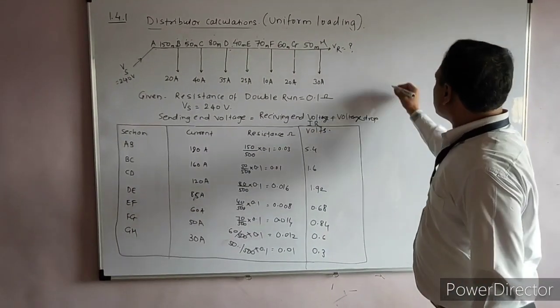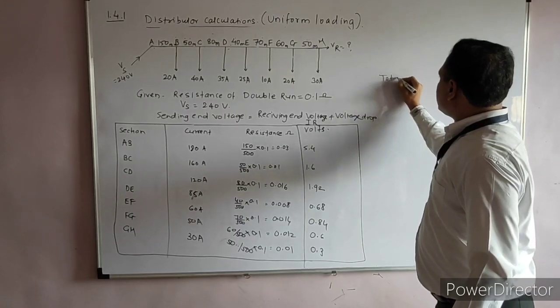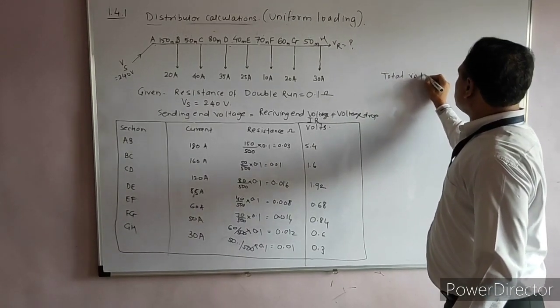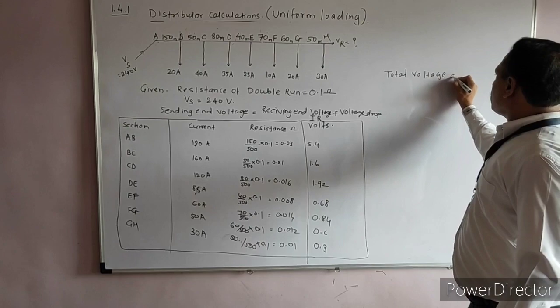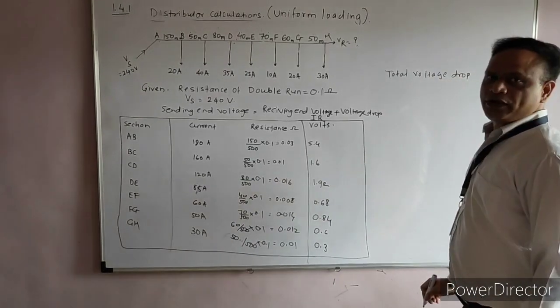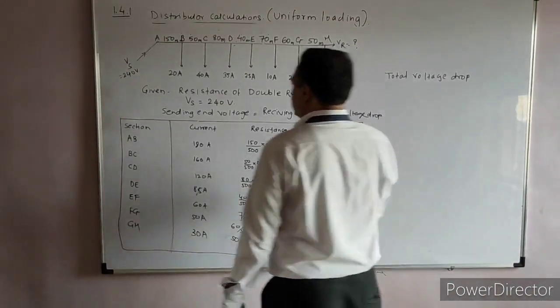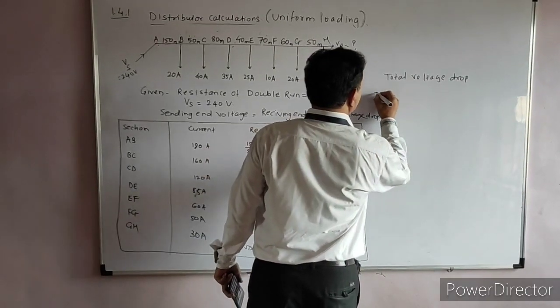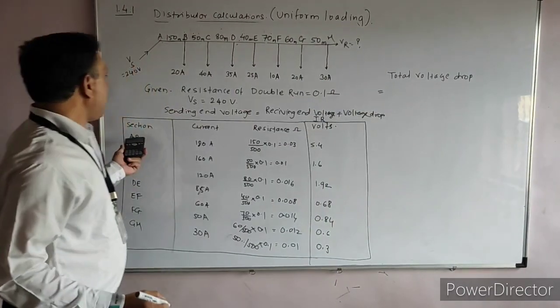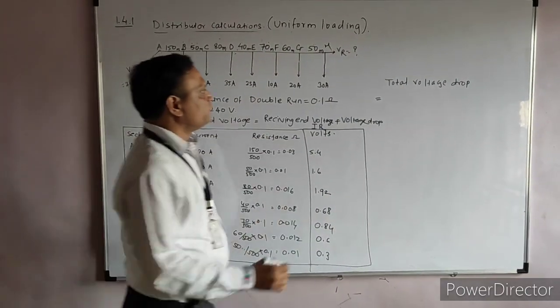Now what is our next step? The next step is to calculate the total voltage drop. How should I calculate it? I will simply add all these drops.